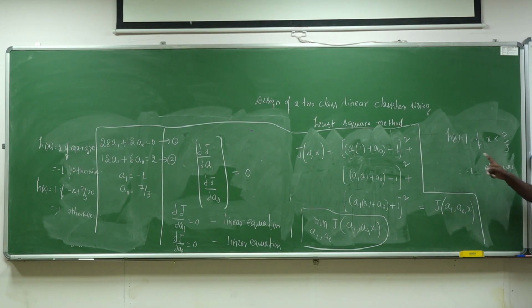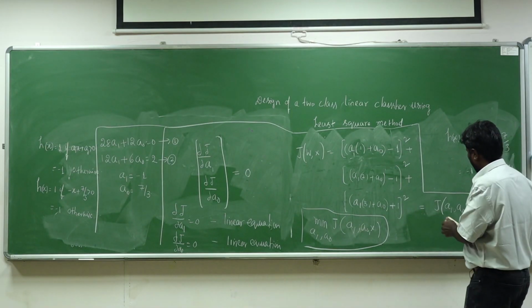But can you compare this with the previous classifier that we got by looking at the feature space? Can you compare this classifier with the classifier that we got just by seeing the feature space? I'll just erase this.